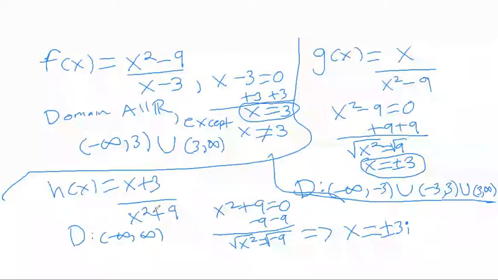So now let's go into something else that's very important with rational functions, and that is finding vertical and horizontal asymptotes. Suppose I have f of x equals x over x squared minus 9. Well, what are vertical asymptotes?